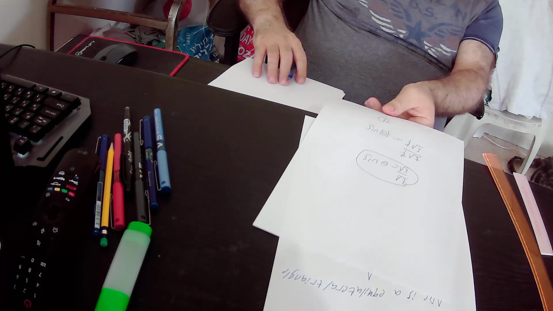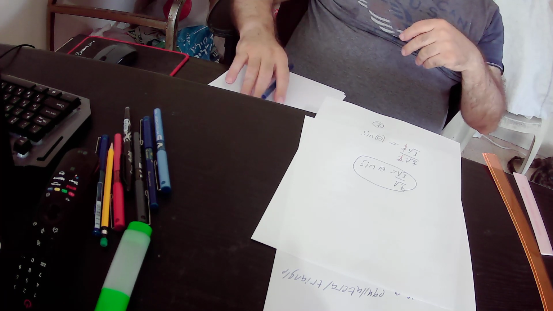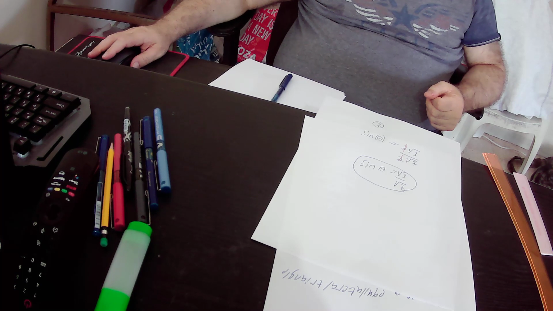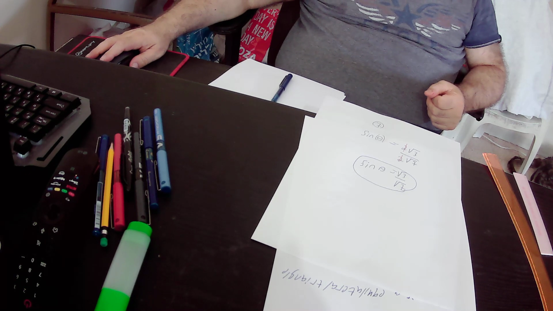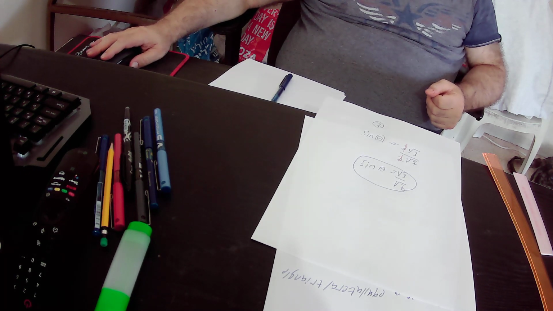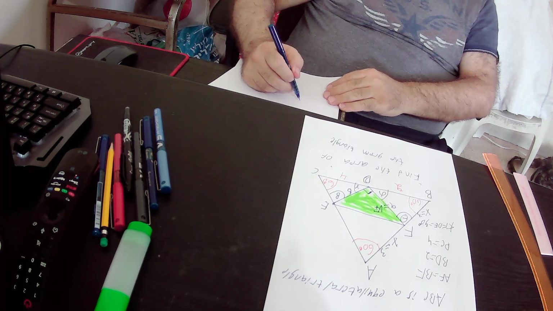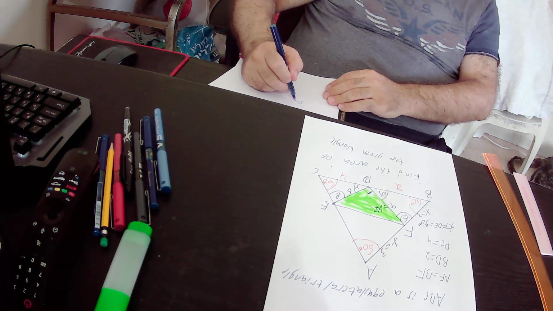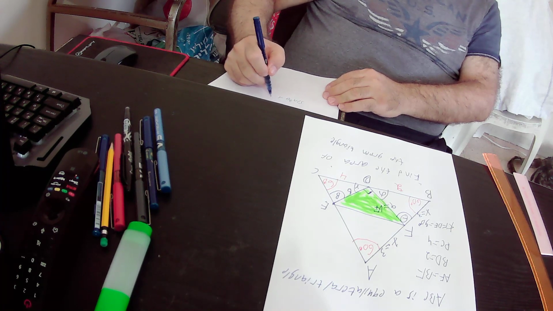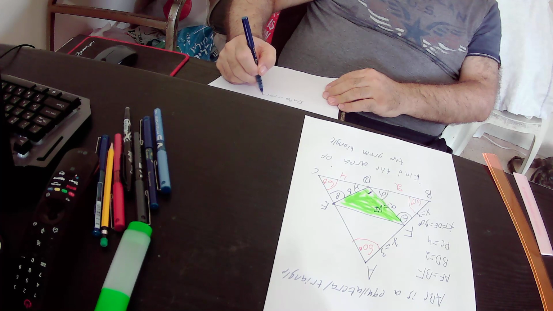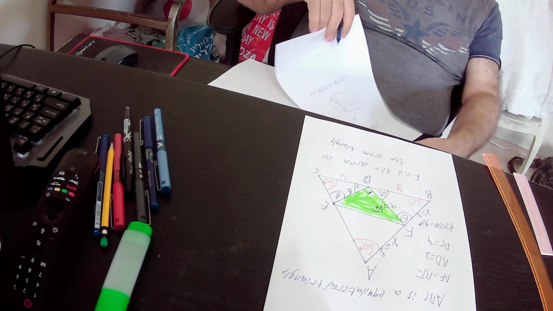Sinus theta equals the root of 3 over root of 7. Now we will find out the value of cosinus theta by the trigonometric identity that states that sinus theta squared plus cosinus theta squared equals 1.